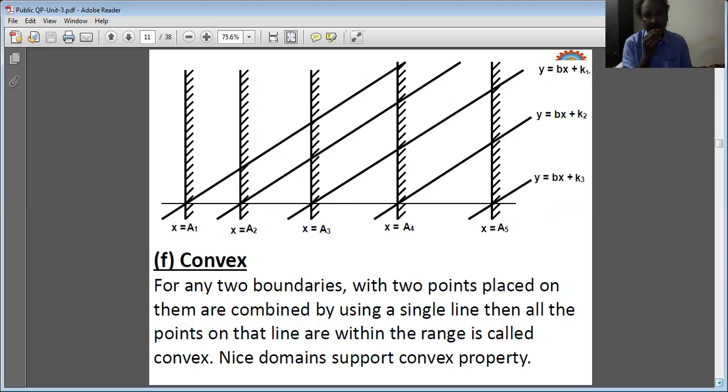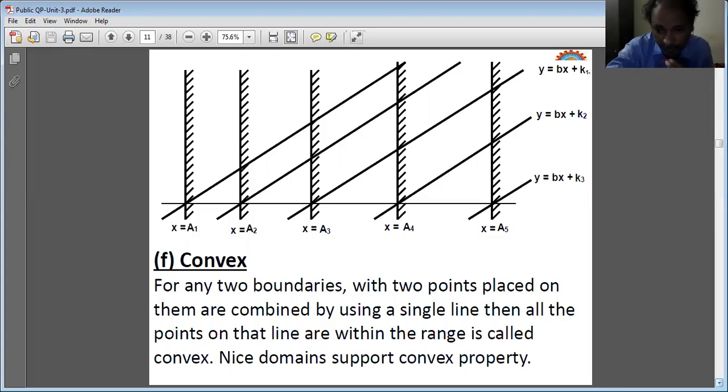Convex. For any two boundaries with 2 points placed on them, if they are combined by using a single line, and all the points on that line are within the range, it is called convex.